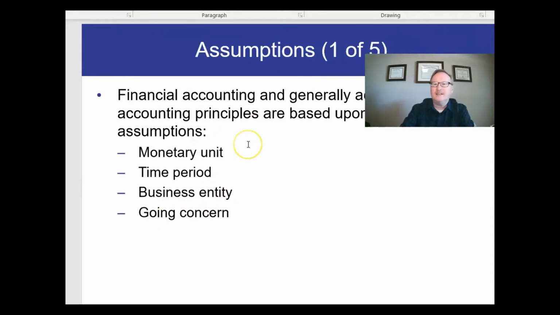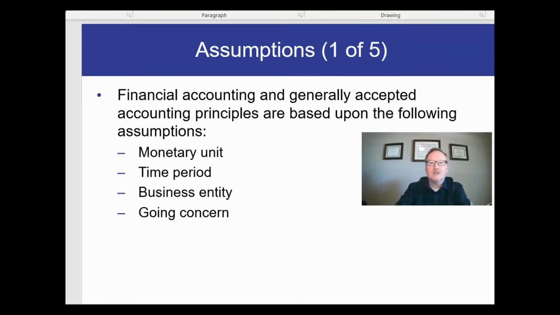So we're going to talk a little bit here about the assumptions of accounting, the process of accounting. Financial accounting and GAAP, generally accepted accounting principles, are based upon the following assumptions. Now, obviously, I know you can read, but let's talk a little bit about this. These are the four things that introduce you to the whole idea moving forward.